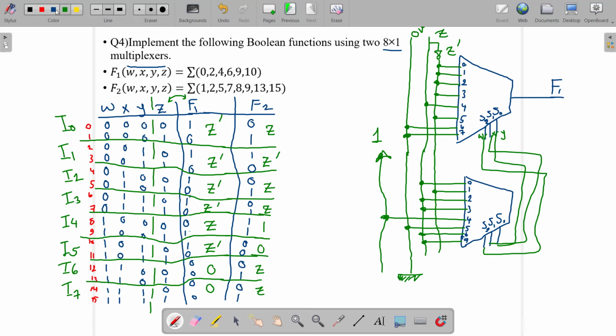Now in this form you can also produce F2.